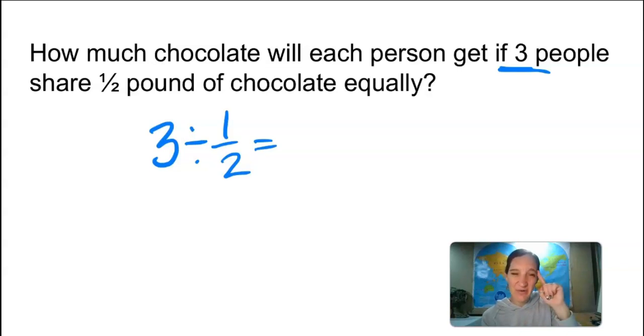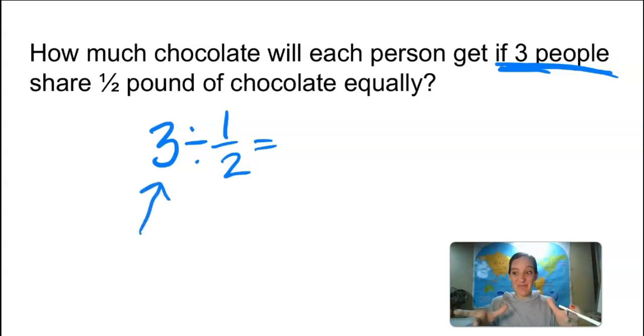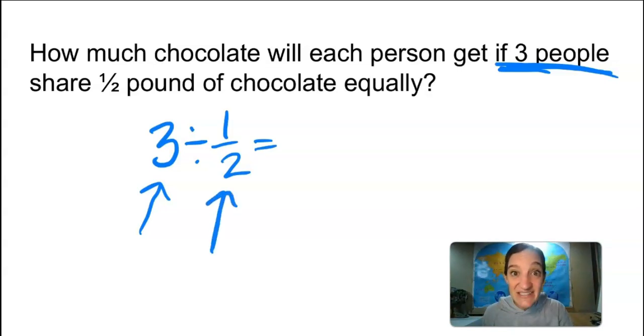If you're not focusing on what is actually being divided up, you might divide something up that doesn't want to be divided up. For example, this 3, we're talking about people. And so when you put the 3 first, you are taking 3 people and you're talking about dividing them into halves.